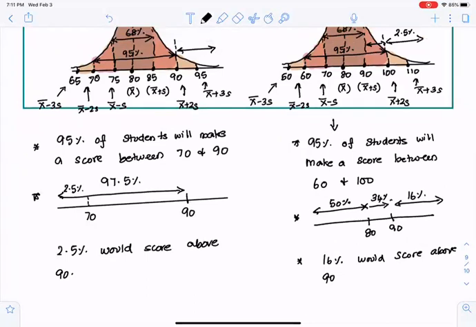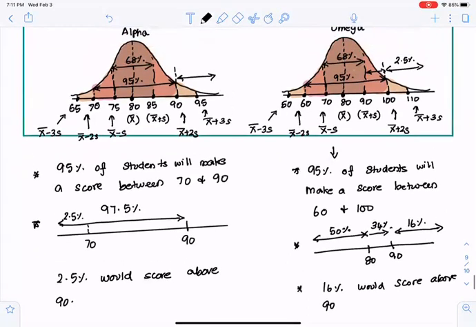If you're in Professor Omega's class, there's a 95% chance that you'd make between 60 and 100. But if you're aiming for that A, you have a greater chance with Professor Omega than Professor Alpha.